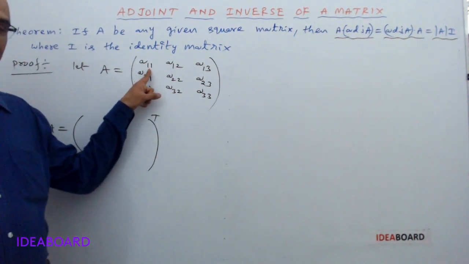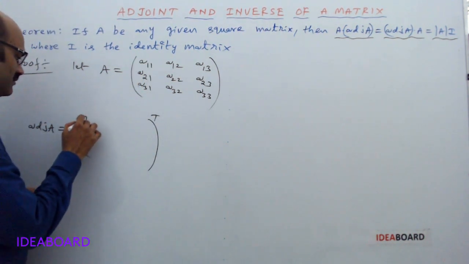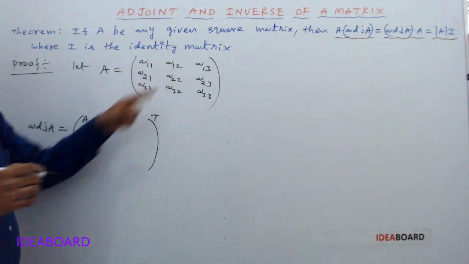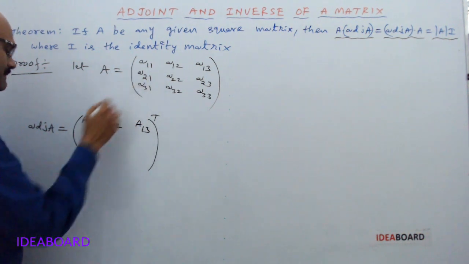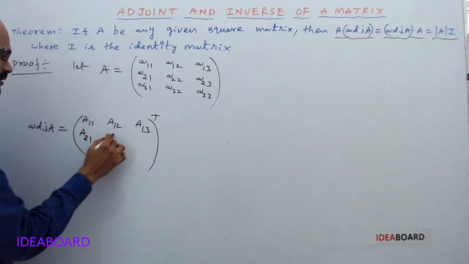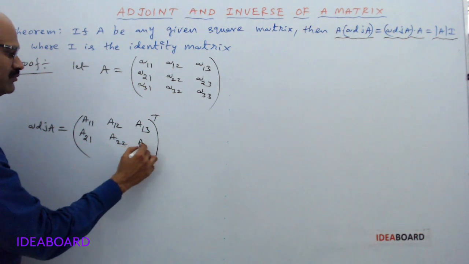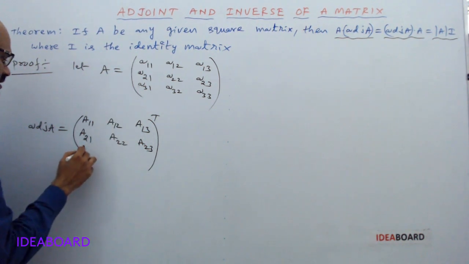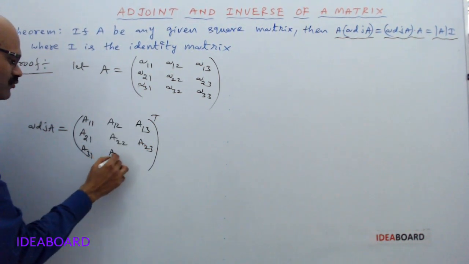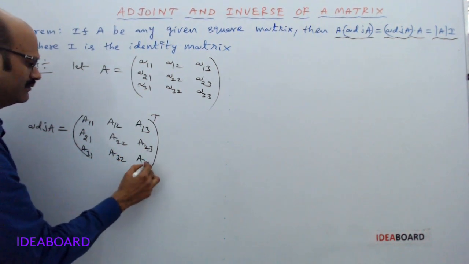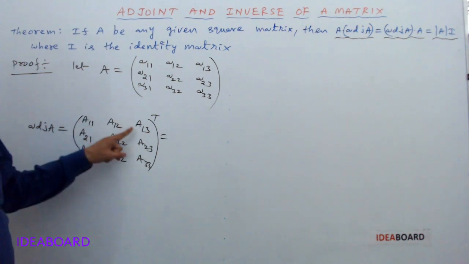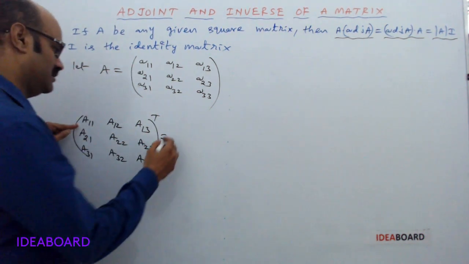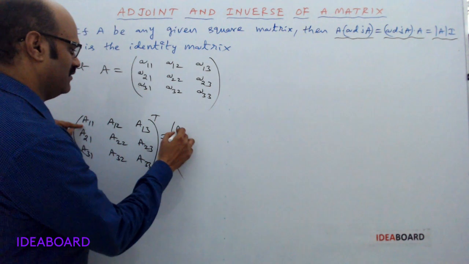So what is the cofactor of a11? Capital A11. Next, capital A12, capital A13, A21, A22, A23, A31, A32, A33.